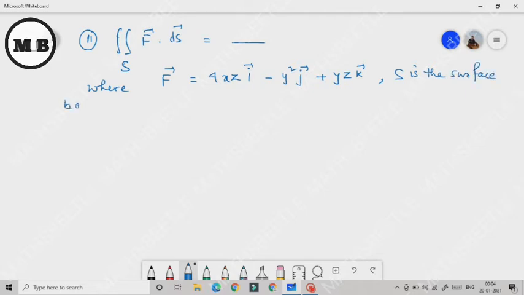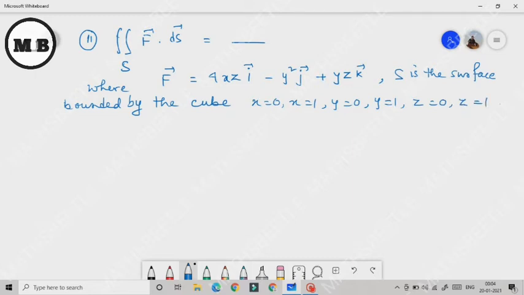bounded by the cube x equals 0, x equals 1, y equals 0, y equals 1, z equals 0, and z equals 1. Okay, so basically you need to find this. Immediately you can get a flavor that this is a relationship between a surface integral and a volume integral.